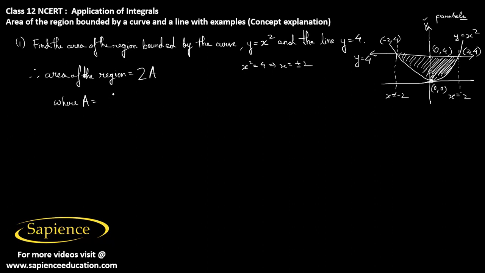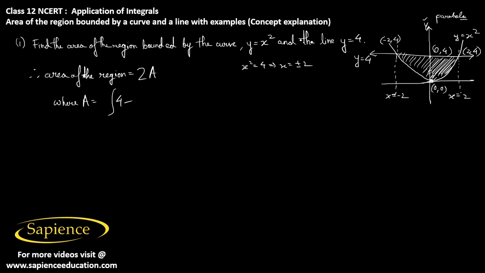From the straight line y equal to 4, we need to subtract the area of this region.